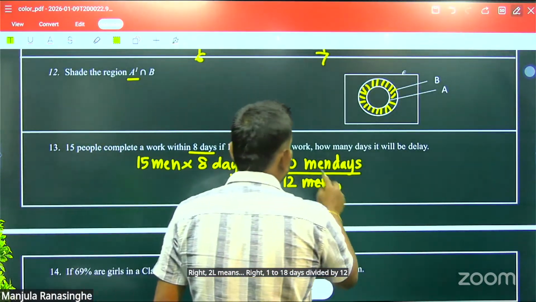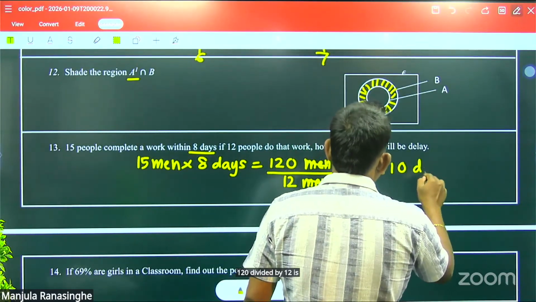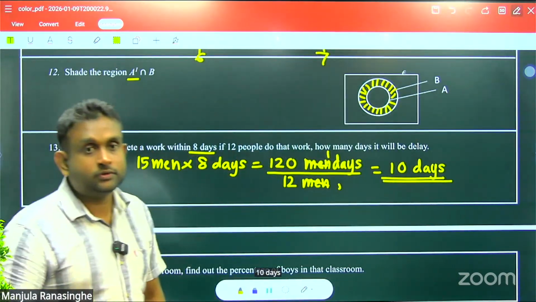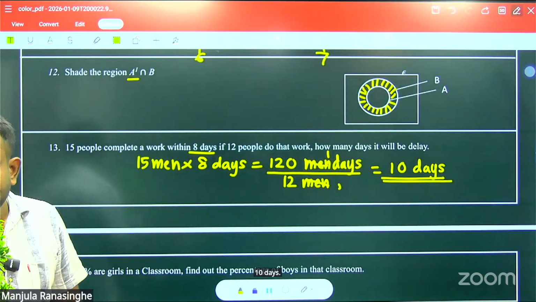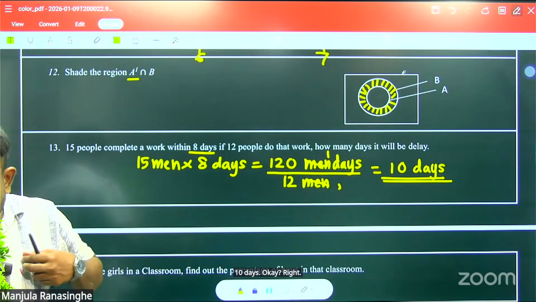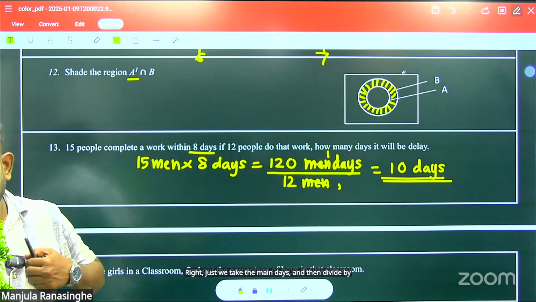The men get simplified, then 120 divided by 12 is 10. What is the unit? 10 days. Remember well, we take the man days and then divide by the given number of people.